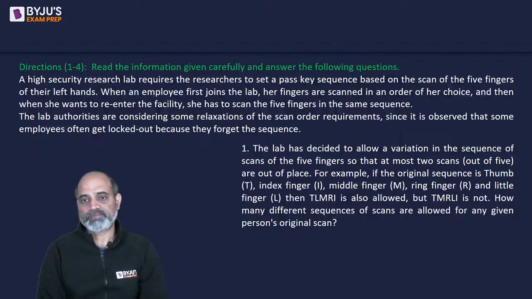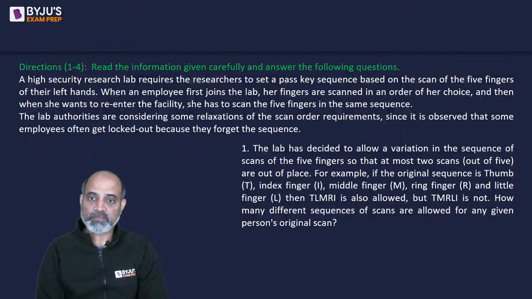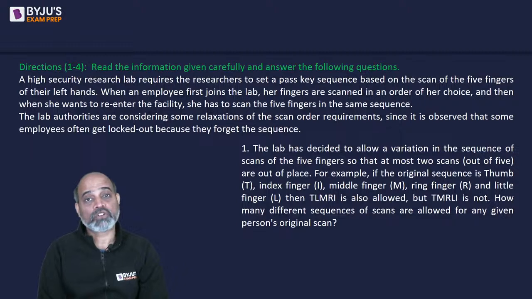For example, if the original sequence is thumb, T, index finger I, middle finger M, ring finger R, and the little finger L, then TLMRI is also allowed, but TMRLI is not allowed. Reason being, M has also moved, R has also moved, and L has also moved. So there is a switch of 3 fingers scanning sequence that has changed. We need at most 2.